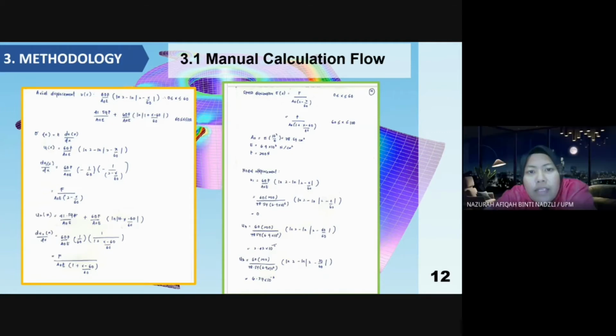Our A0 is 78.54, our E is 6.6 times 10 to the power of 6, and the force that we obtain from the problem given is 200. For the nodal displacement, we need to substitute the values given, which are A0, E, and F, to get the nodal displacement for element 1, element 2, and element 3. Also element 4 for the next slide.